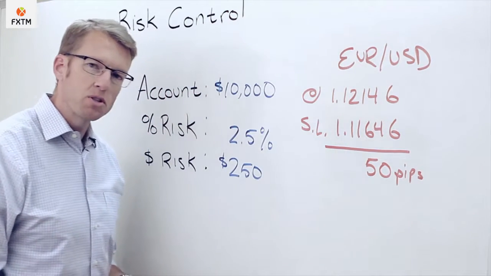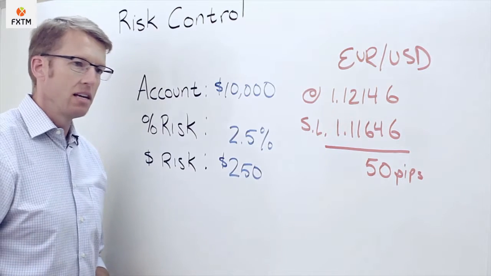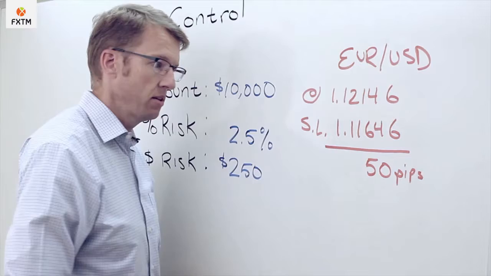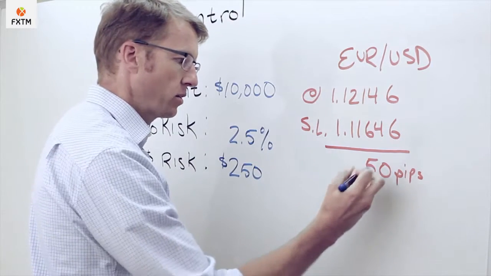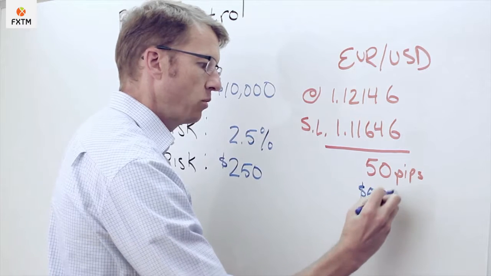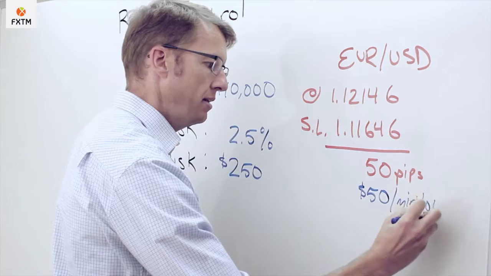Now, let's further assume that this trader is going to be targeting a mini lot position, so each of these pips is worth $1. So basically what they have at risk here, if we were to translate this, is they have $50 at risk per mini lot.